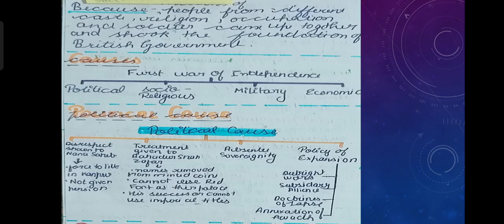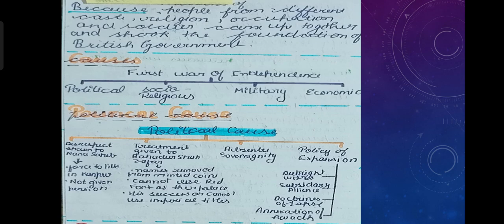So people usually get confused, but if you are asked to write some political causes and you write the outright wars, subsidiary alliance, doctrine of lapse, pretext of alleged misrule, then you won't get any marks. These are all combined in just one point, so you have to look after it very carefully.